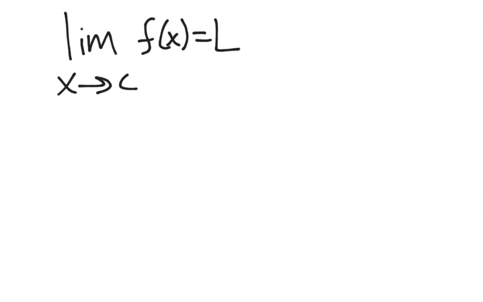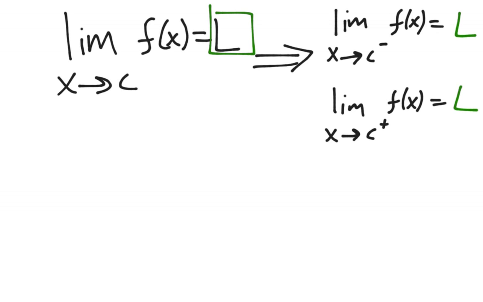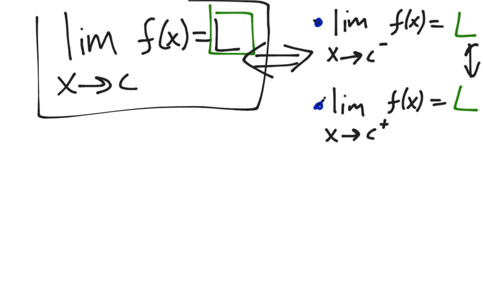In your head, you should think right away that this means that the limit as x approaches c from the left of f of x and the limit as x approaches c from the right of f of x, both of these limits must be L. They cannot be anything other than L. And similarly, if you're given that this limit is L and also this limit is L, then this works the other way. That if these two one-sided limits are the same, then the limit in general is also that same number.